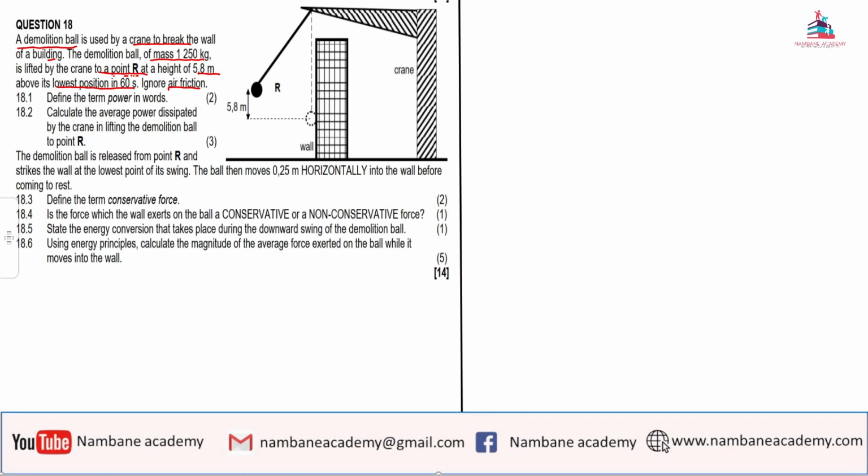Now let's check. Define the term power. It is a definition and an easy 2 marks. Power is the rate at which work is done. Now let's go to 18. Let me maybe write it here for purpose of space.